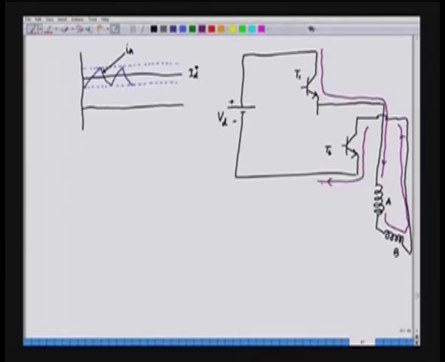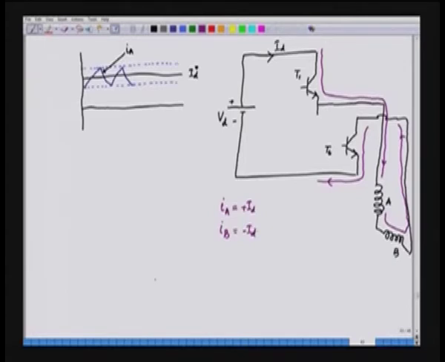So, this is the direction, the path of the current in phase A and phase B. So, we can say here that IA is positive, IA is plus ID, this is our ID, and IB as per the convention is negative, it is flowing against the source. So, we can say that IB is minus ID.